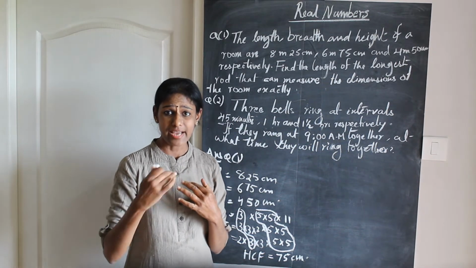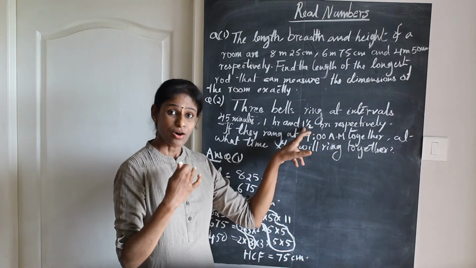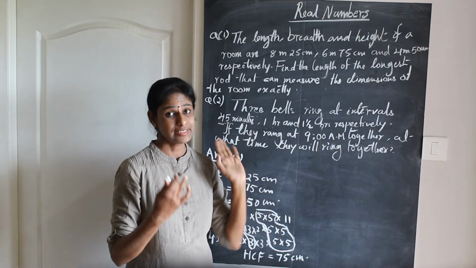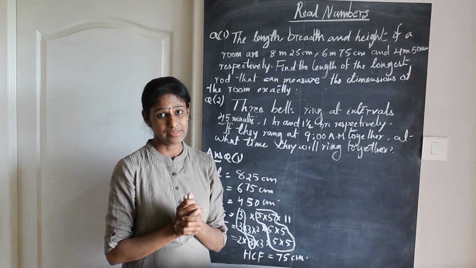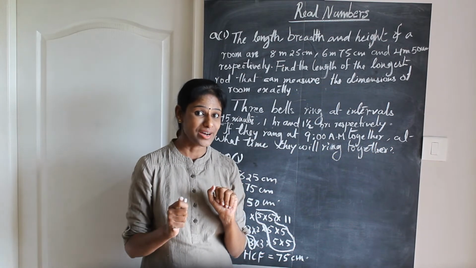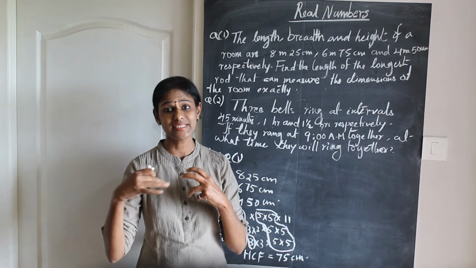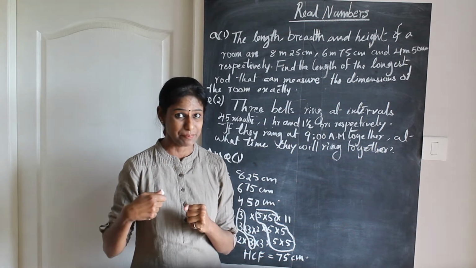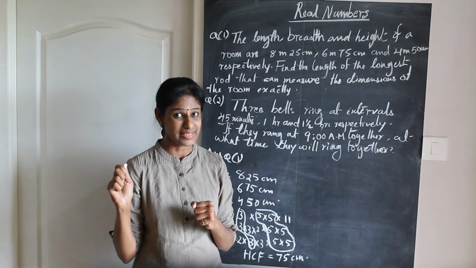The answer must be more than or equal to the highest of these numbers. So in that case, the question is about the multiples of these numbers, and we need to find out the least common multiple of these numbers.